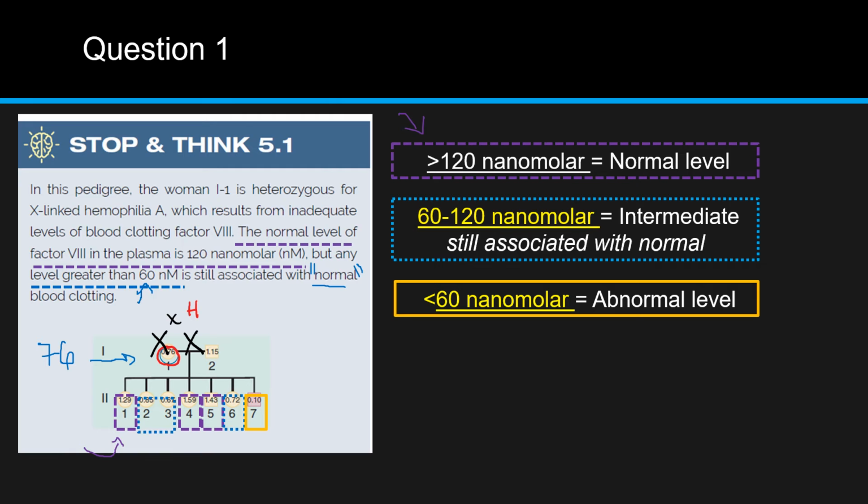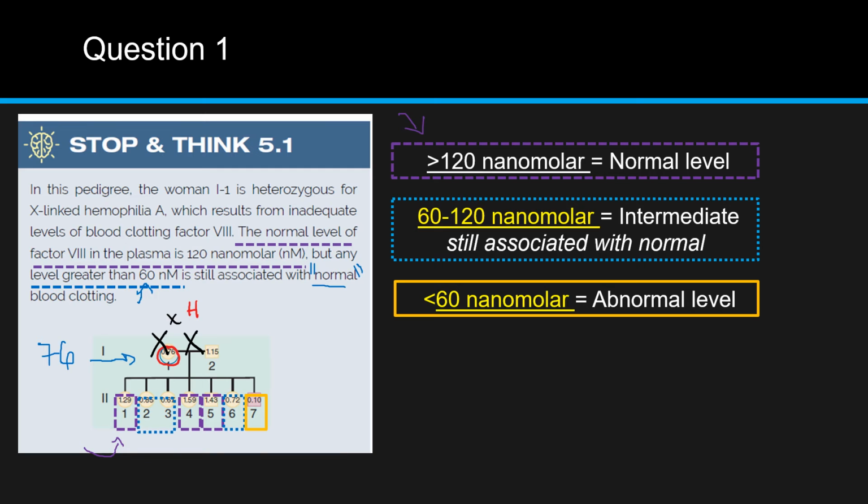Let's now start making a connection between the phenotypes and the genotypes, the levels of nanomolar and the potential genotype. As we know, they should be XY or XX, so it makes life much easier.